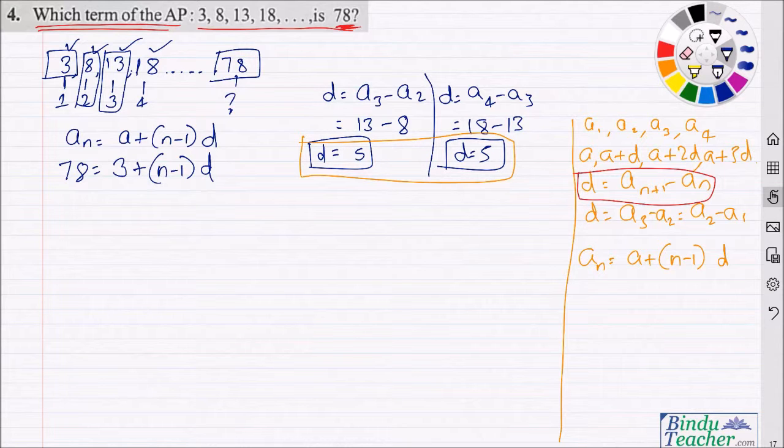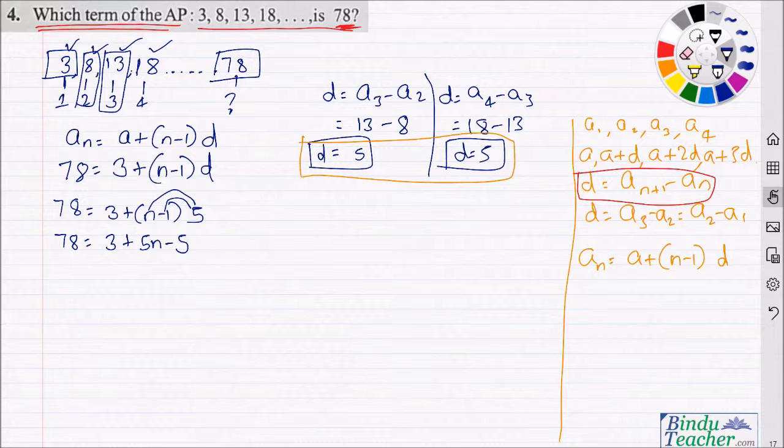Now let's apply this in the first equation. 78 equals 3 plus n minus 1 into 5. 78 equals 3 plus 5n minus 5. How did I get it? 5 into n equals 5n, 5 into minus 1 equals minus 5. Now I will keep numbers on one side and all the alphabets on one side.